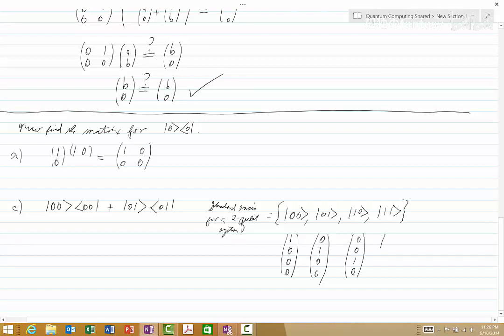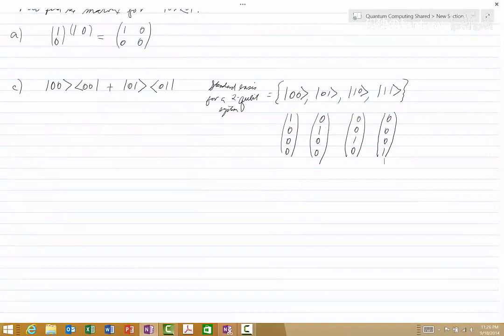And the fourth one will be (0, 0, 0, 1). Okay. Now that you have that information, I believe that you should be able to finish this problem very easily. So I encourage you to stop the recording, give it a shot, and then let's all look at it together.